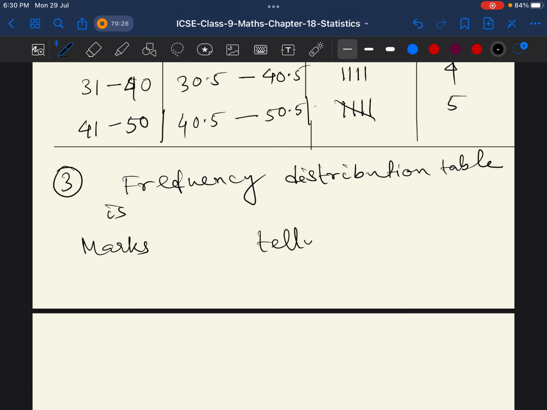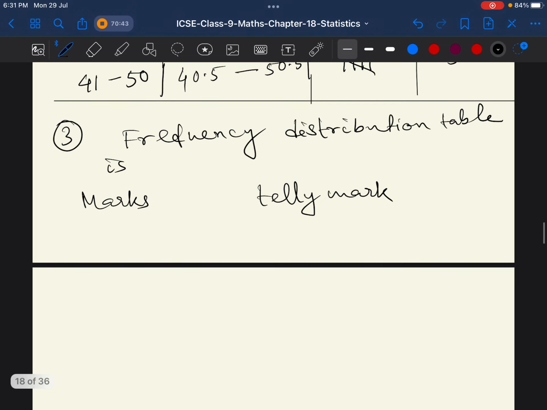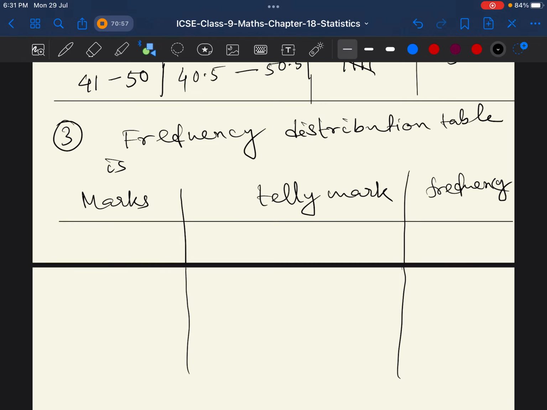Marks, tally marks. So here we don't need to convert the class interval into exclusive or adjusted actual class interval. Here this is the exclusive class interval, so this is the frequency.